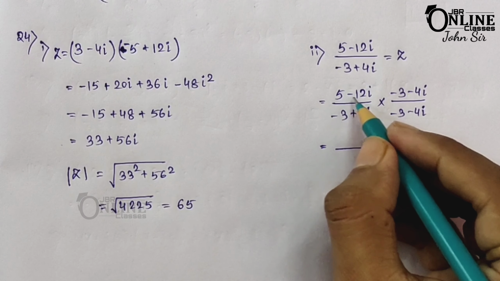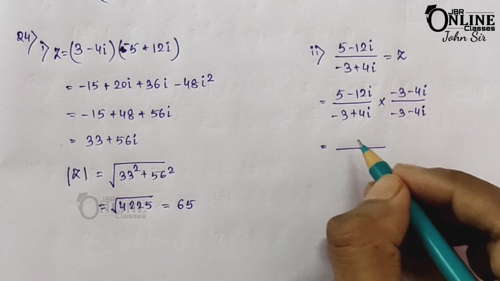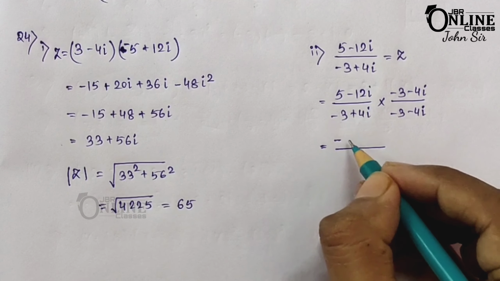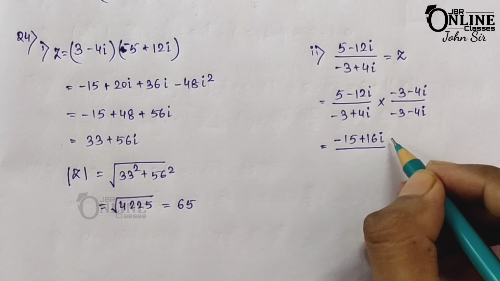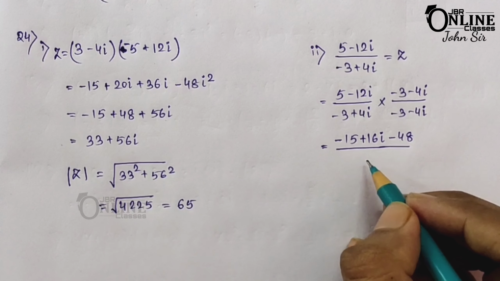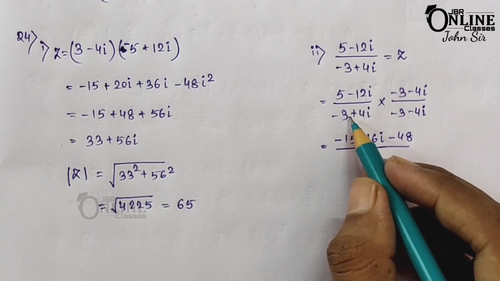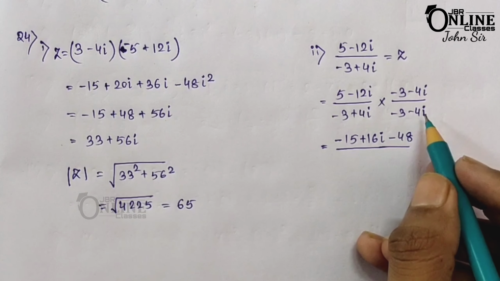Then 5 minus 12i multiplied with minus 3 minus 4i, you will get minus 15 plus 16i, and the last one will be minus 48. Okay, and in the denominator you have minus 3 whole square and minus 4i whole square.